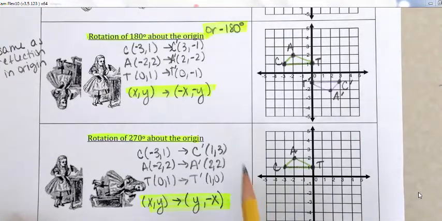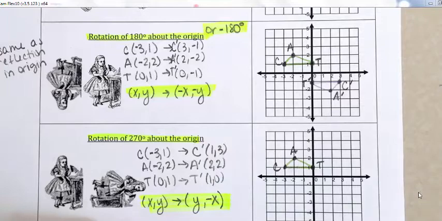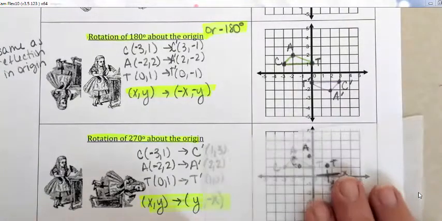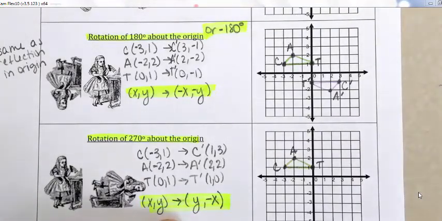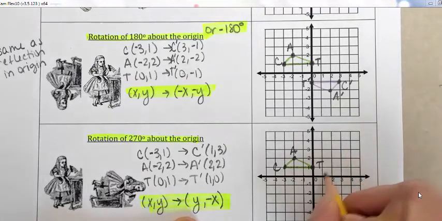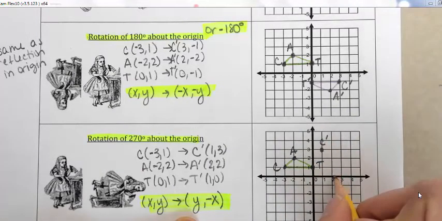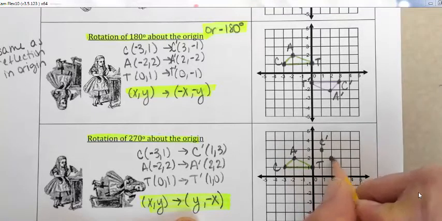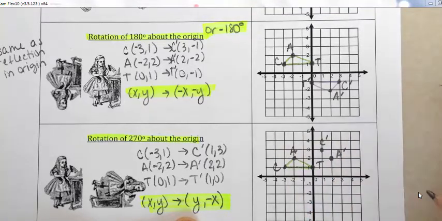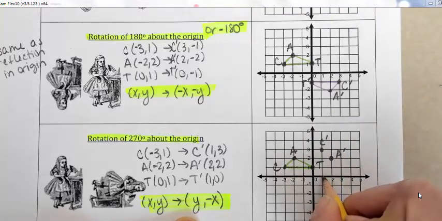Now the question is, if we rotate this clockwise, how many degrees would it be? Oops, I didn't actually, wait, I need to plot it. C prime is 1, 3. A prime is 2, 2. And T prime is 1, 0.